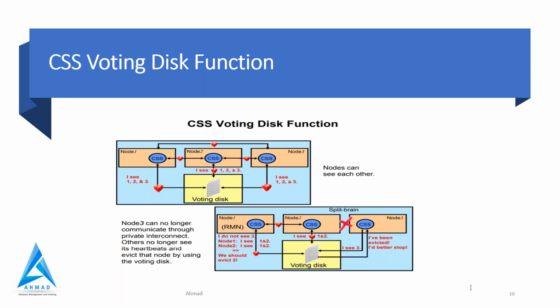The odd number depends on whether you are using ASM; at that time you mention normal and high redundancy. Depending on that, you mention the odd number of voting disks, that is 3, 5, like that. Okay. One line answer. Heartbeat mechanism.